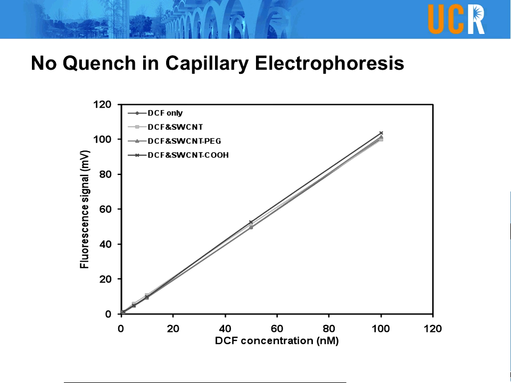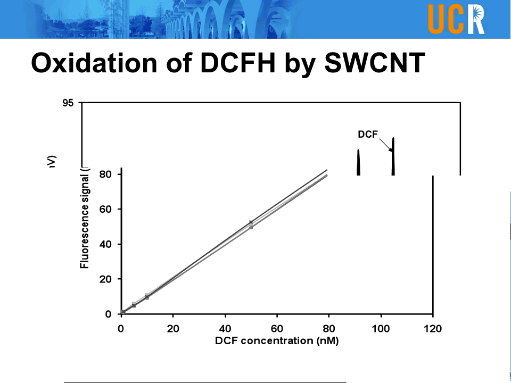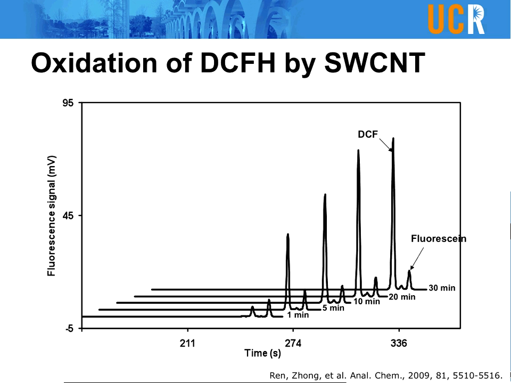But with capillary electrophoresis, the response is linear because we can easily separate the small molecule from the carbon nanotube. Once it's separated from the carbon nanotube, the fluorescence is no longer quenched. This is the electropherogram we obtained to show the oxidation of DCFH by carbon nanotube solution.